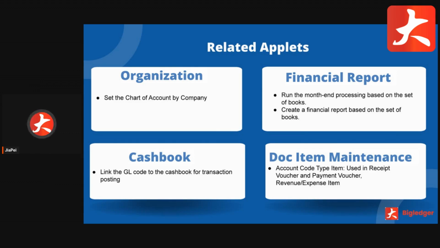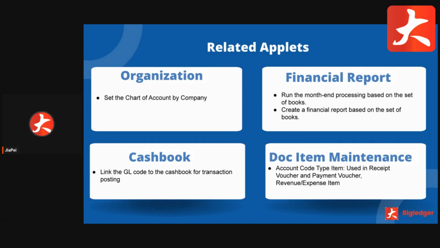The financial report is based on set of books, and we need to run our month-end processing before we get our report. So we need to set the set of books first before we run the financial report.